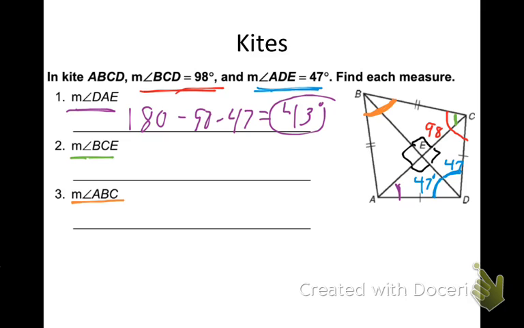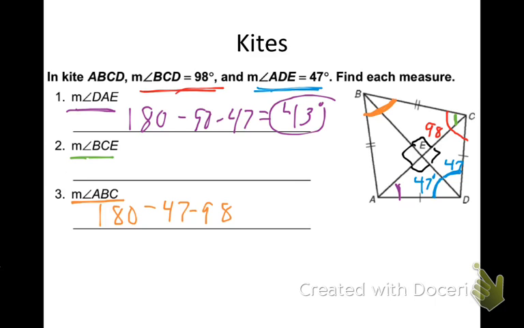If this angle is 98, can I find this small angle up here? Yeah, what would I do? I would subtract, so I would go 180 minus 47 minus 98.